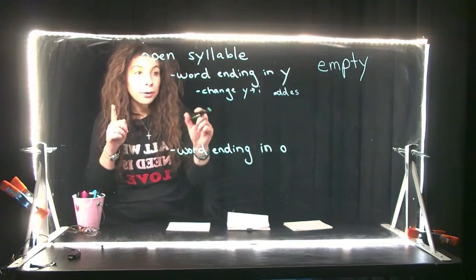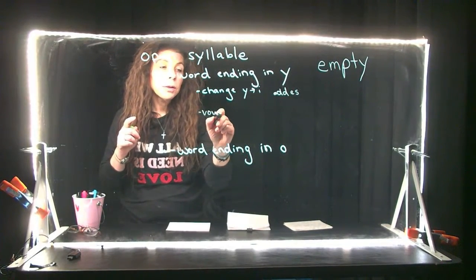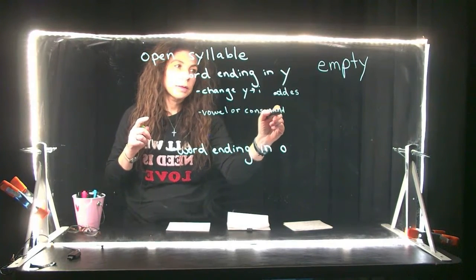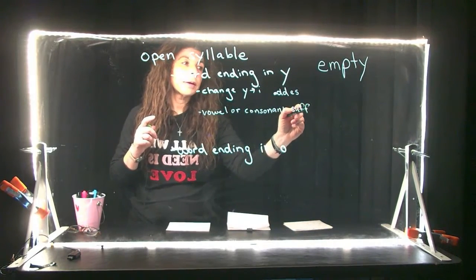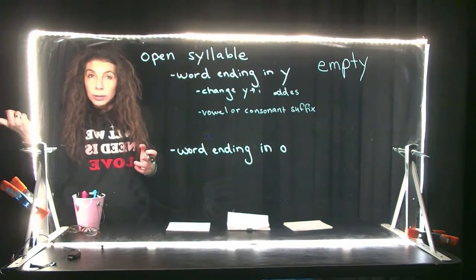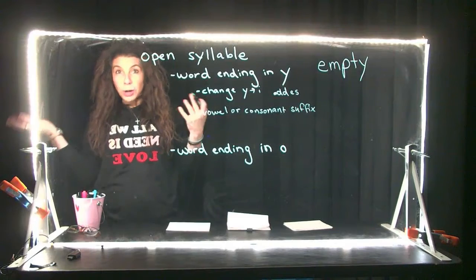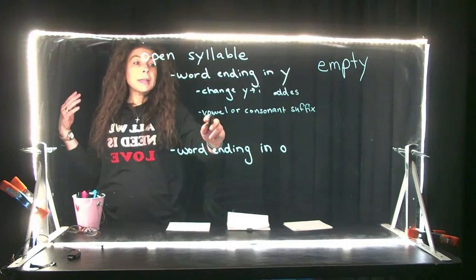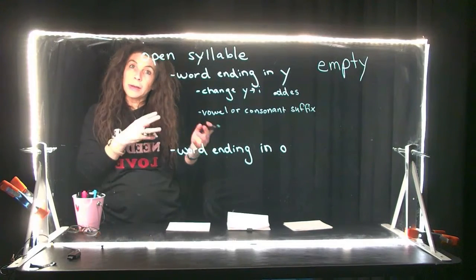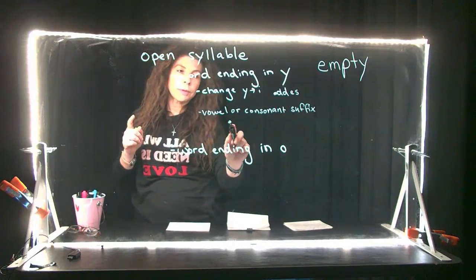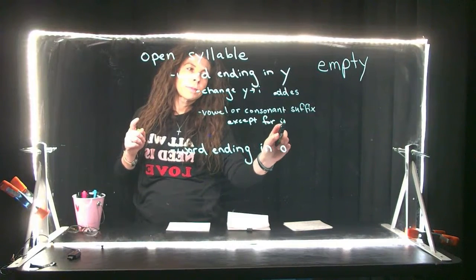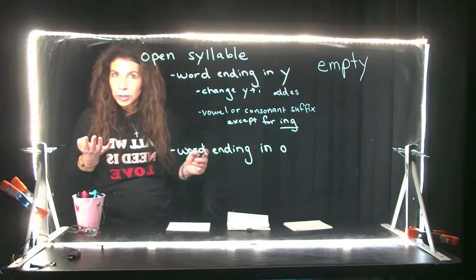It does not matter, vowel or consonant suffix. You remember on the vowel, consonant, E and on the one-to-one-to-one, you only double if it's a vowel suffix and you only drop the E if it's a vowel suffix. It doesn't matter here, vowel or consonant suffix, you must change the Y to I and add the suffix, except for ing. You don't add I and then ing.